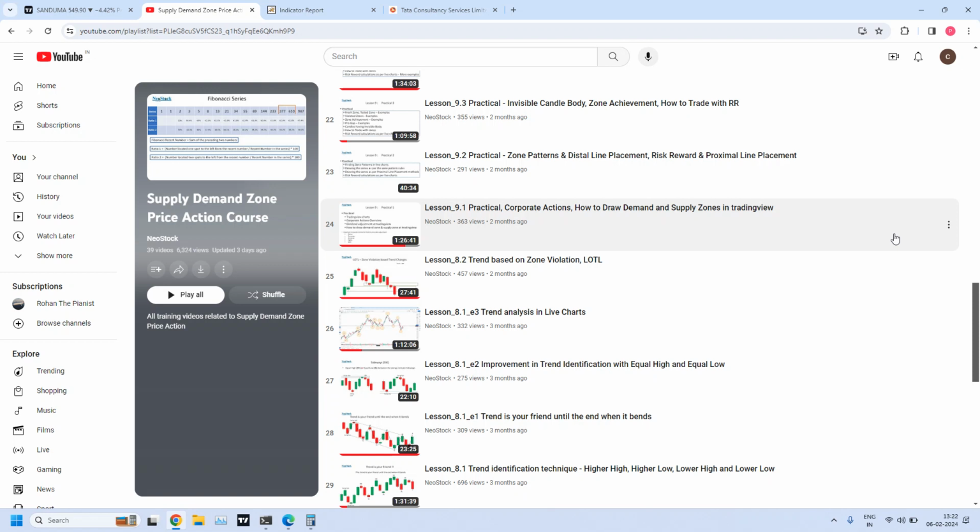Because starting from lesson 1.1, in every lesson you will learn at least one new point, compared with where you learn your course somewhere else. Why will you learn a new point? Because I teach from my experience, not theory as it is. Supply demand zone theory has some issues. I know those issues. I addressed all those issues one by one, and I made the subject clearer.